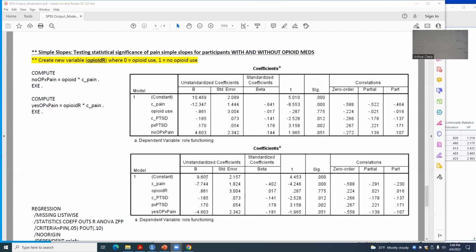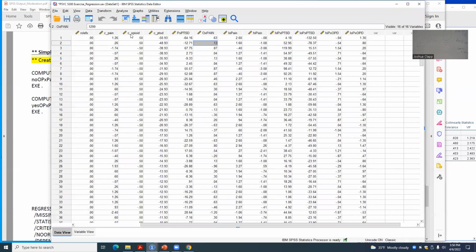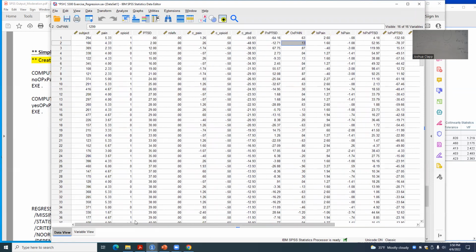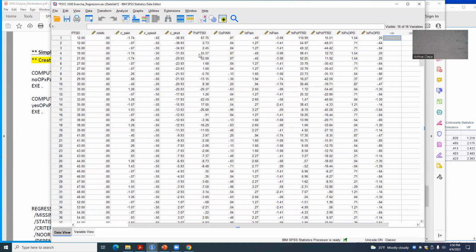What I can do is create a new interaction that's just opiate use times pain using my original 0, 1 indicator. And then in SPSS, here's opiate use, I can just reverse code that.